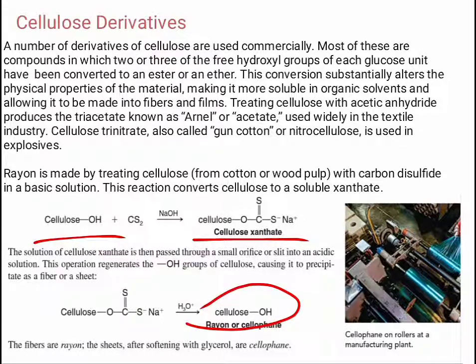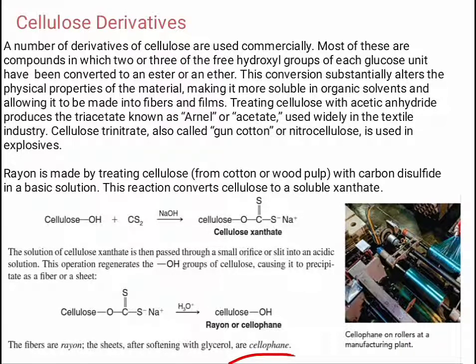If you get fibers, those are called rayon, and if you make sheets from it, those are called cellophane. The sheets after softening with glycerol are called cellophane.